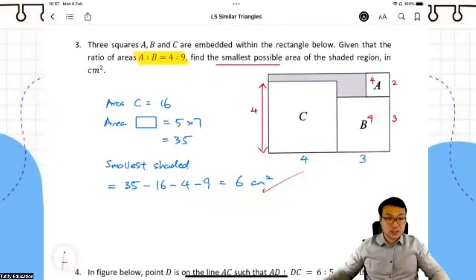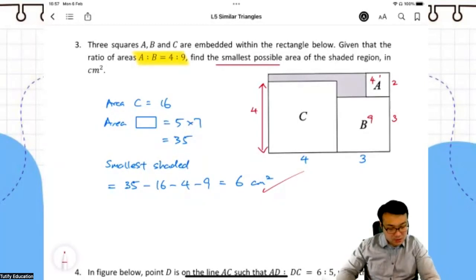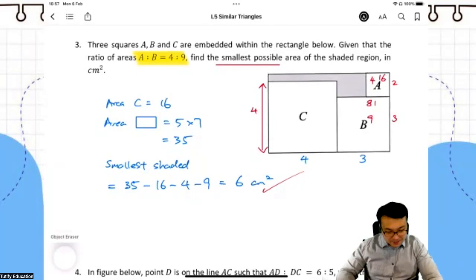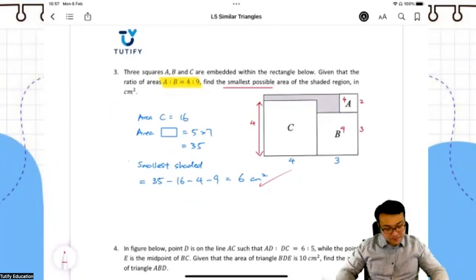Because they want you to get the smallest possible area of the shaded region. If you try any other square numbers, like for example, you change this to 16 is to 81, then the shaded region will be even bigger. Correct? Much bigger than 6. So we try to keep things as small as possible, okay?